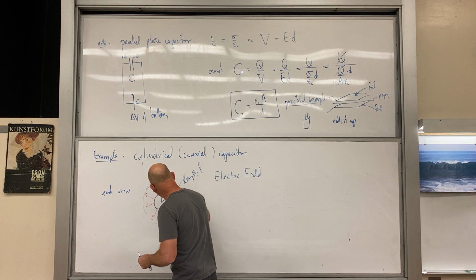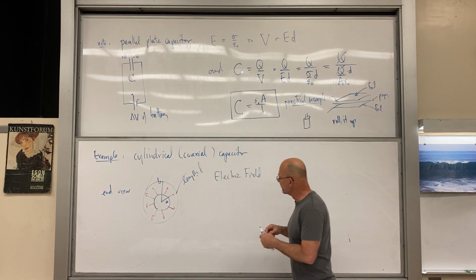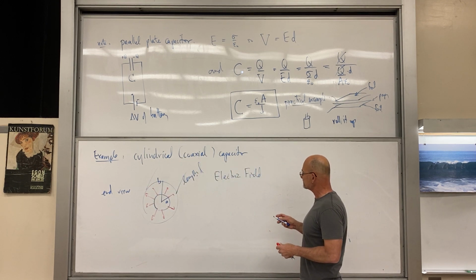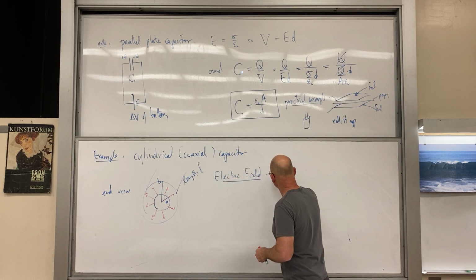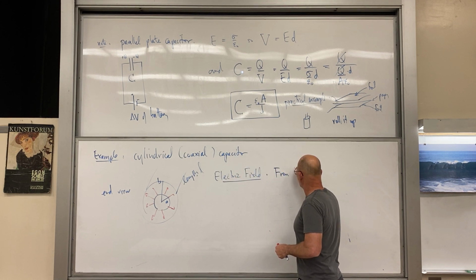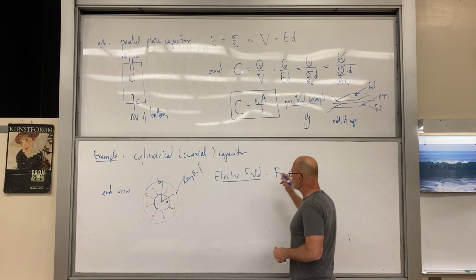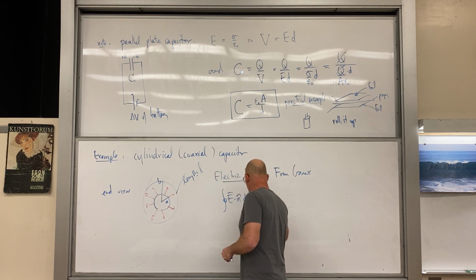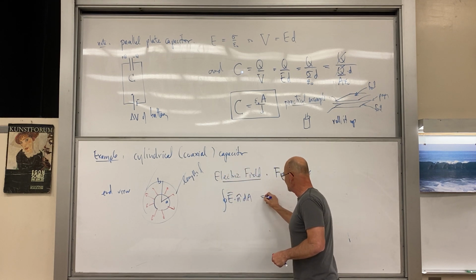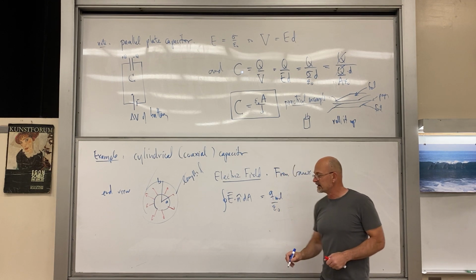Just pointing away, that was a symmetry argument. And we had that from Gauss. I'll even redo that calculation. So from Gauss we had the integral of E dot n hat dA is equal to Q enclosed over epsilon naught.